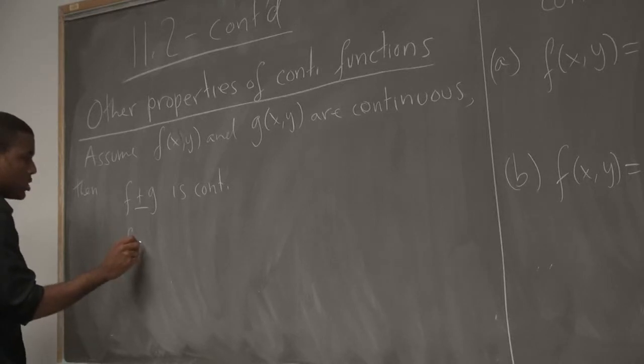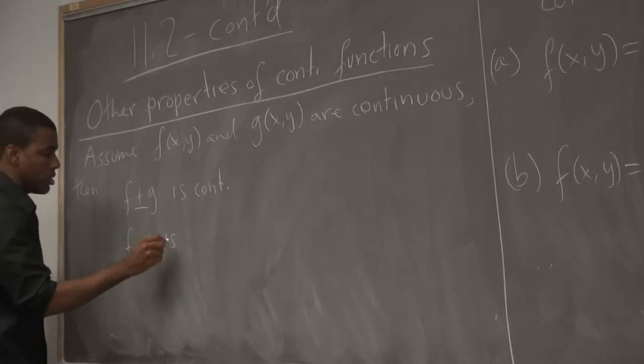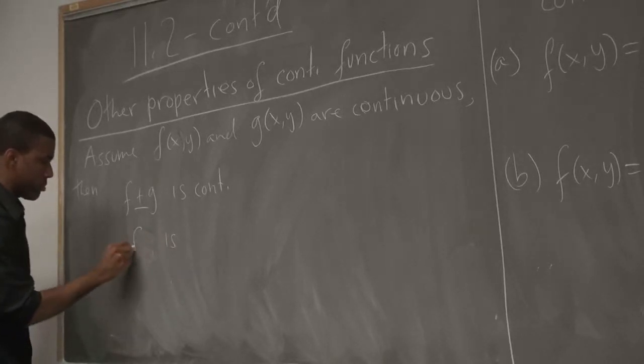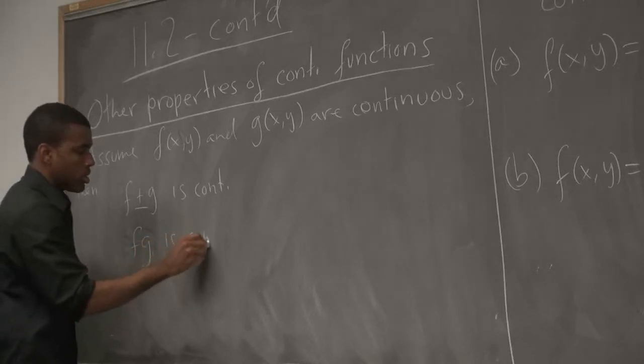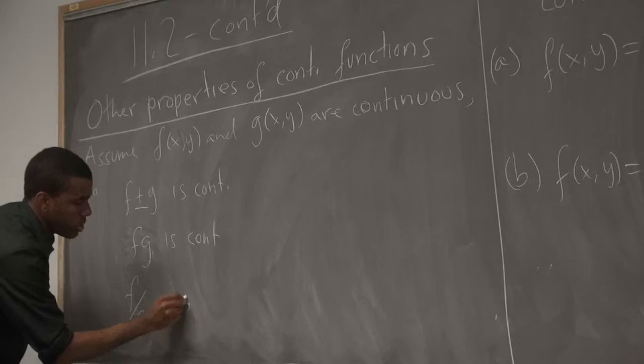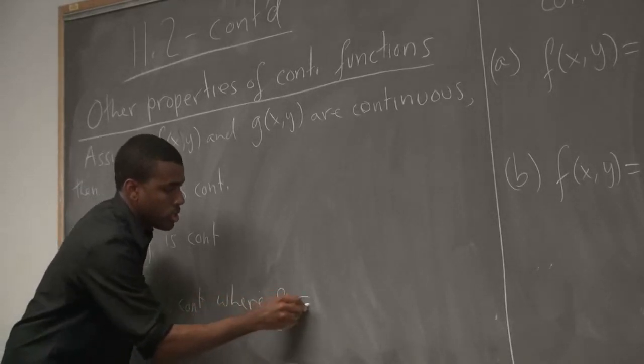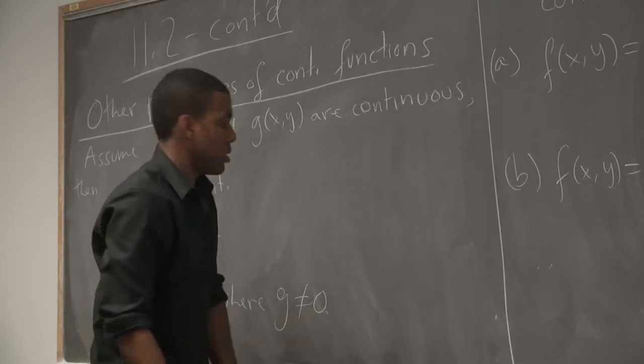F times g is continuous. Take f divided by g, it is continuous where g is not equal to 0. Right?